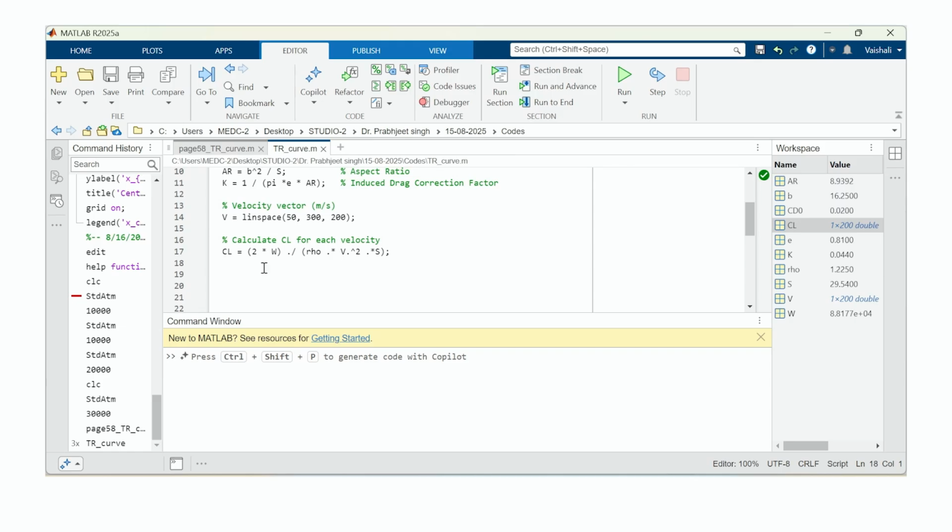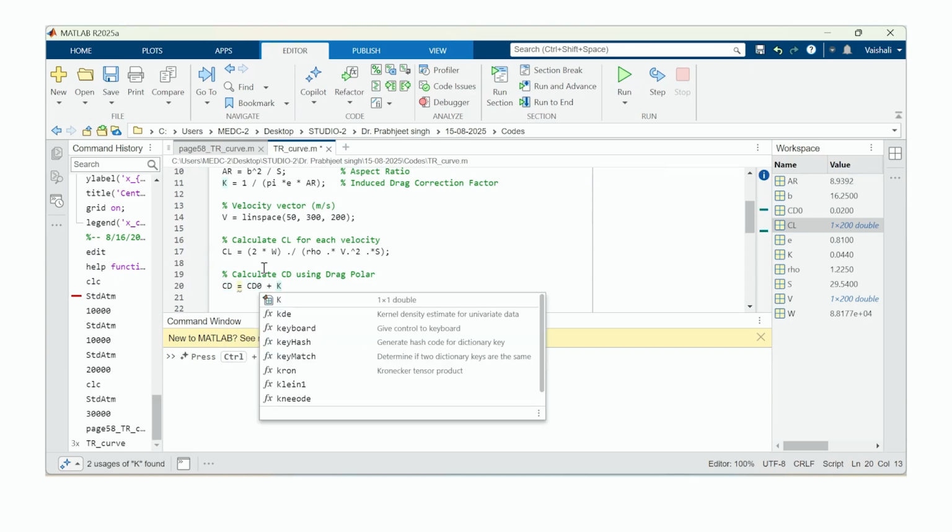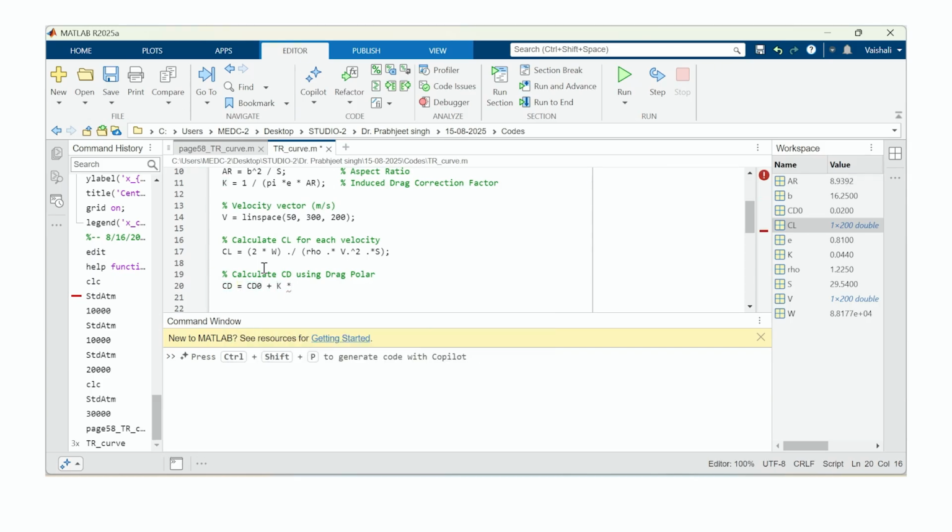Fine. After CL, we want CD. Calculate CD using the drag polar. So CD equals CD naught, which we have already mentioned, plus K, which we calculated, into CL square.